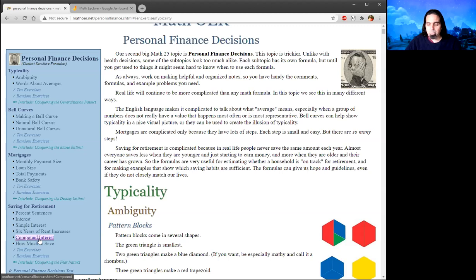And then there's another formula called the sum of annuity due, which is used for saving for retirement. We'll talk about how much to save for retirement and some examples of retirement saving procedures that may or may not actually get you enough to retire comfortably. At the end, of course, there's exercises and random exercises.